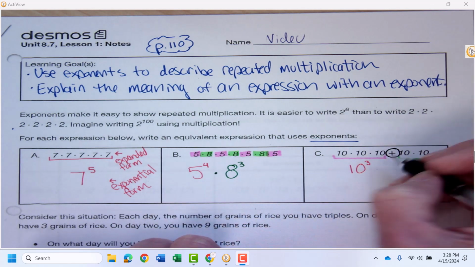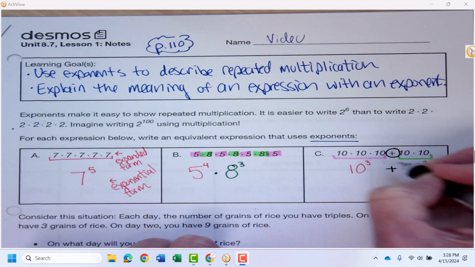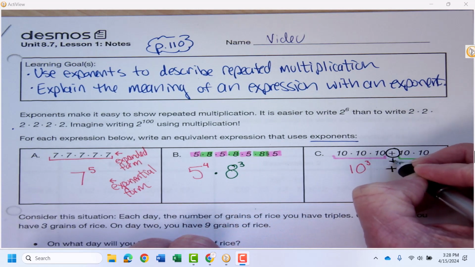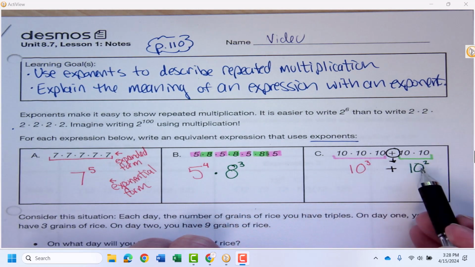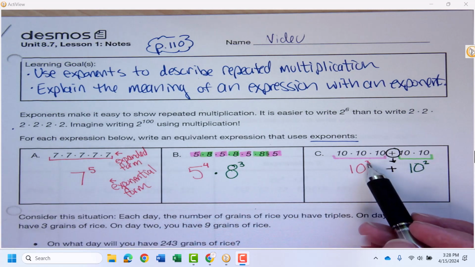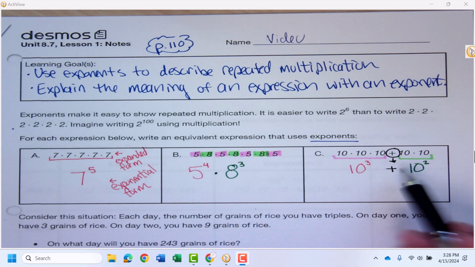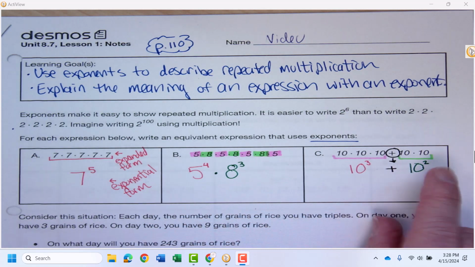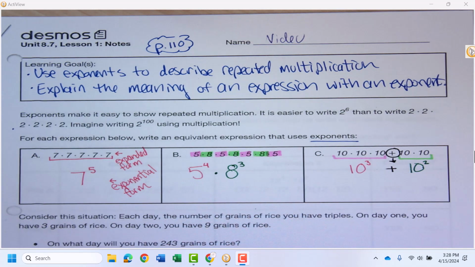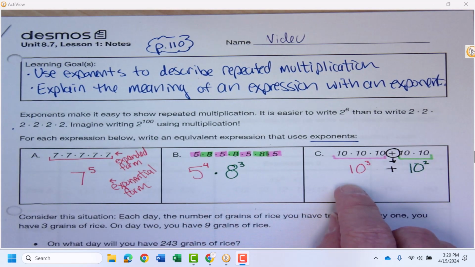I'm going to bring down this plus sign. And I'm going to fight the urge to just smush all of these together. It's repeated multiplication that I can use exponents for. As soon as we cross a line into addition, I can't put those together anymore. So that's how we can use exponents to describe repeated multiplication.